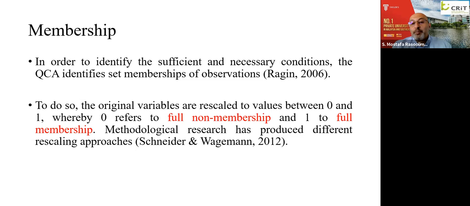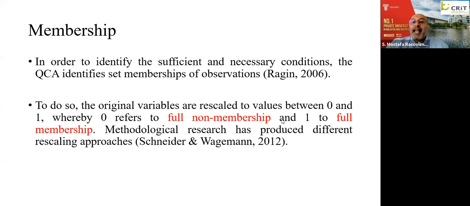For assigning membership, we assign values between 0 and 1 to all variables. We call this assignment calibration. Later, we will discuss the different methods for calibration, but this is an important step to perform QCA.